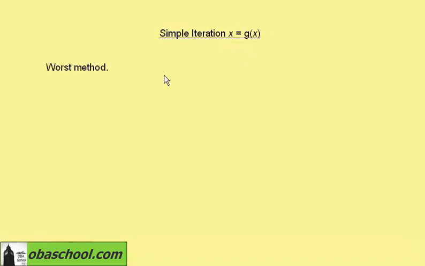Quite simply, this is the worst method that we can use for finding a root numerically. It suffers from many problems. The only advantage is that iterations can be done very quickly on a calculator that has an ANS button.